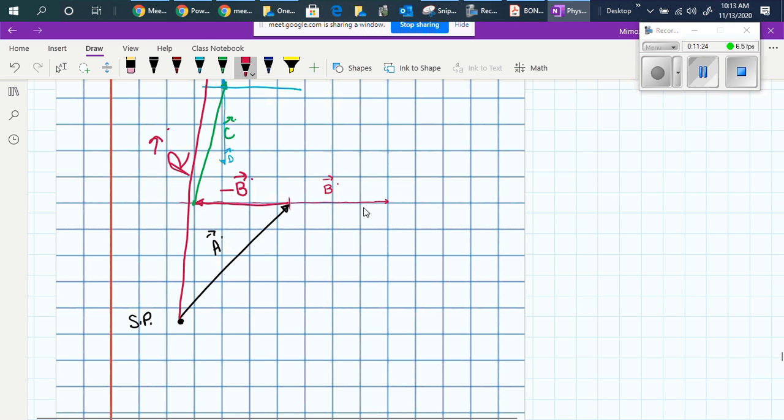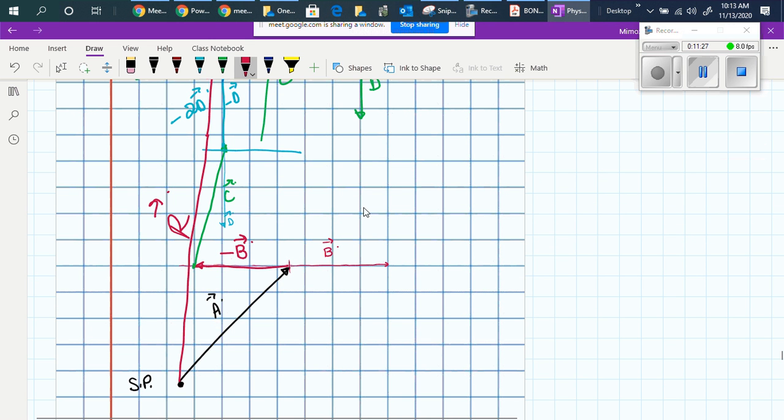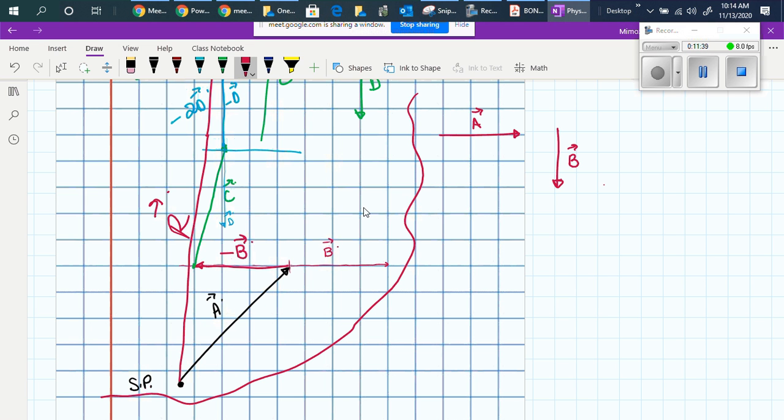Let's see another question. Let's suppose that we have vector A that looks like this, vector B that is like this, vector C that is like this. And what we are finding is the resultant of 2A minus B minus 2C.